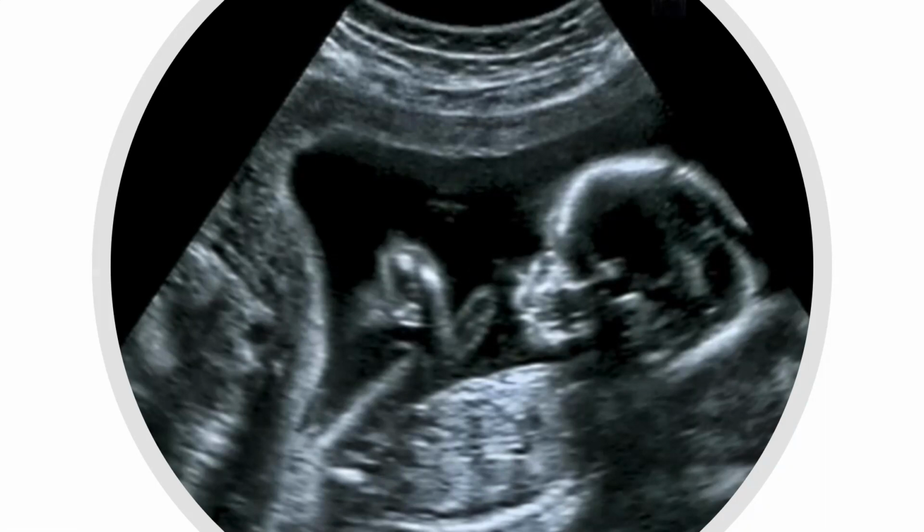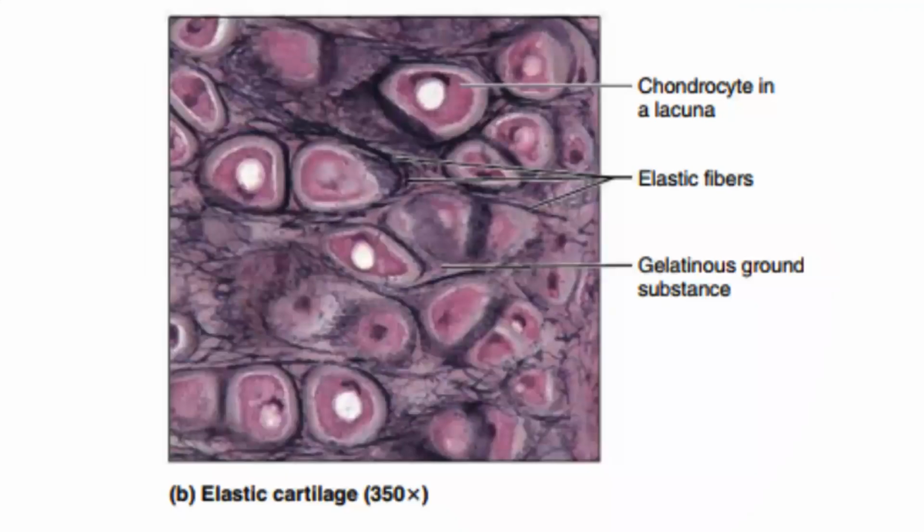Most of the bones we can see on this ultrasound scan are cartilages. But of course, the skull bone, which is a flat bone, is formed directly into bone. Most of the bones in our body were initially cartilages and gradually changed into bones.